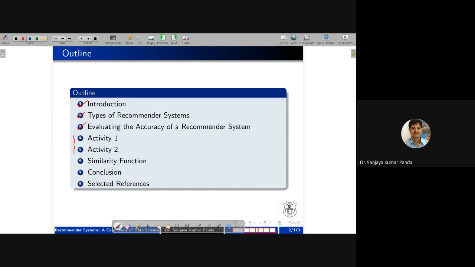In order to avoid that, we have some new types of similarity functions that you can use in place of the traditional one, so that you can see the new similarity function gives better recommendations in comparison to the existing one. Then we'll discuss the main conclusion, what we can do in future, followed by references.